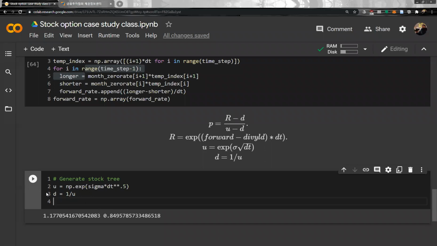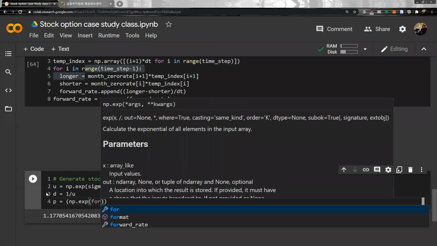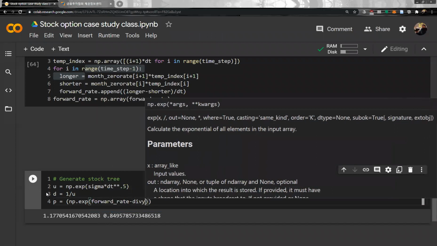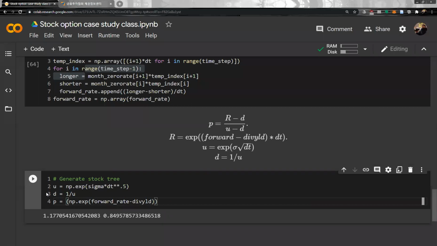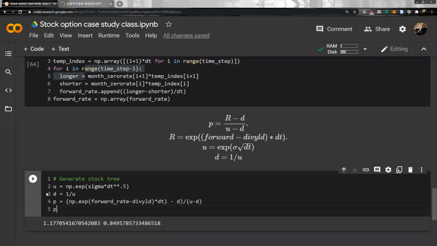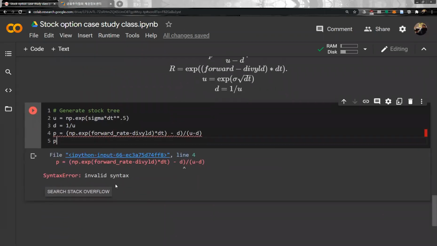And then we have to define P. We can simply write that down: NP exp of forward rate minus dividend yield multiplied by dt, then subtract D and divide by U minus D. And if we check the P, invalid syntax, so I fix D, 1 over U, forward rate, dividend rate, dt.